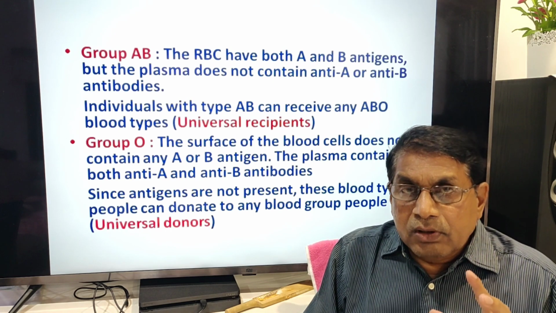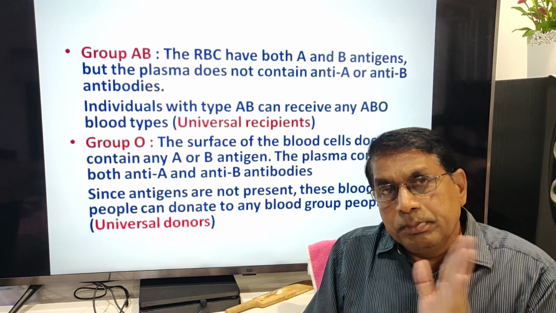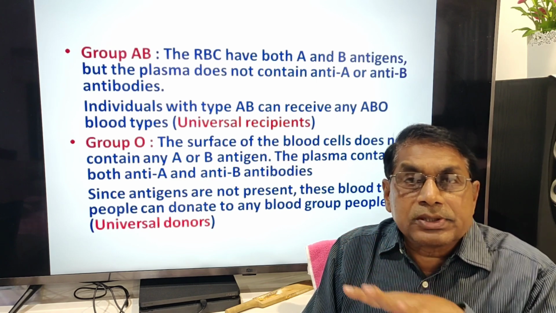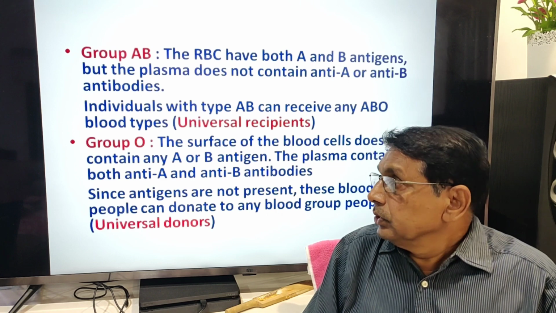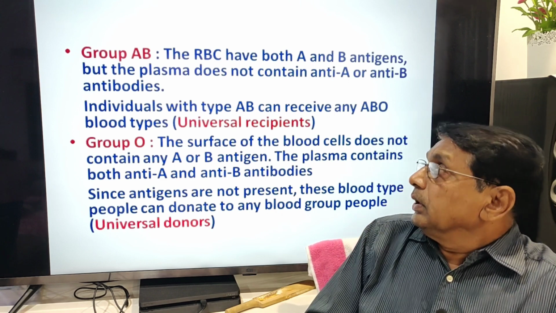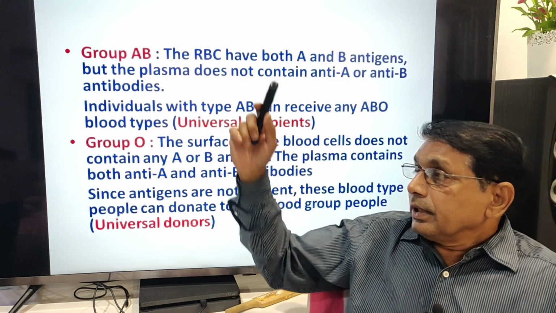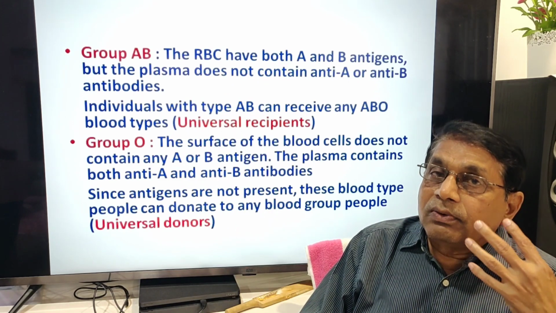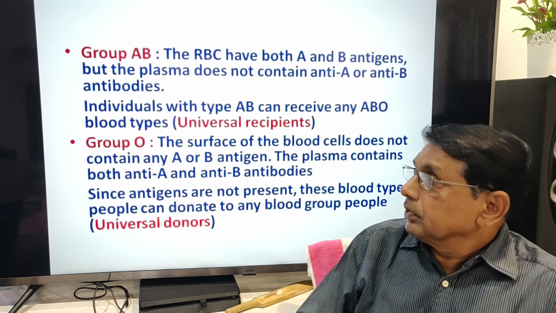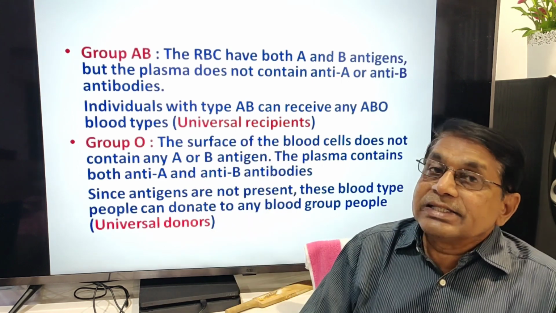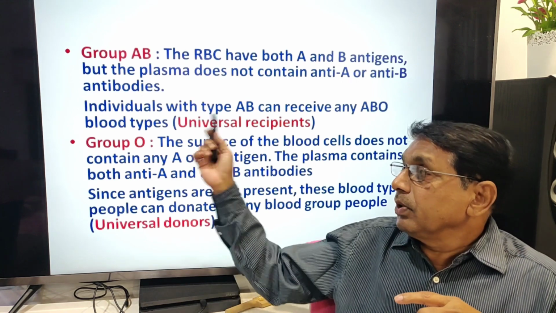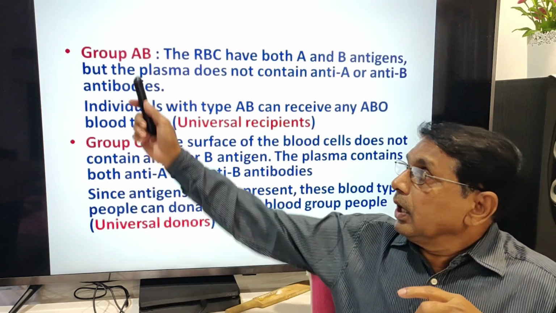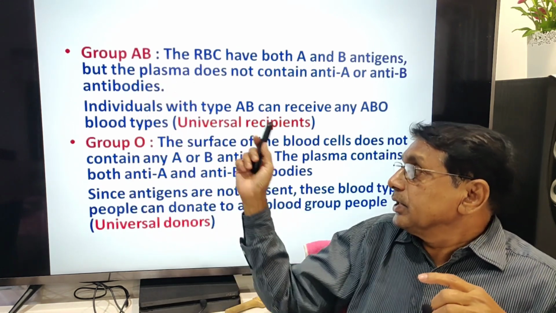So they can receive blood from any of the other three types of people. They are called universal recipients because antibodies are absent. AB blood group, universal recipients.